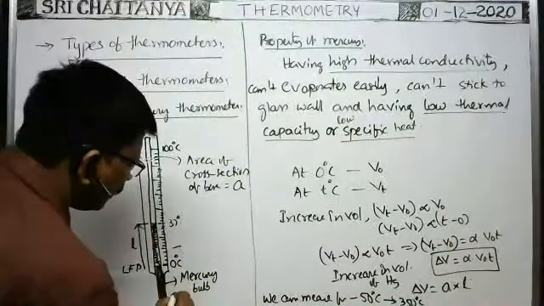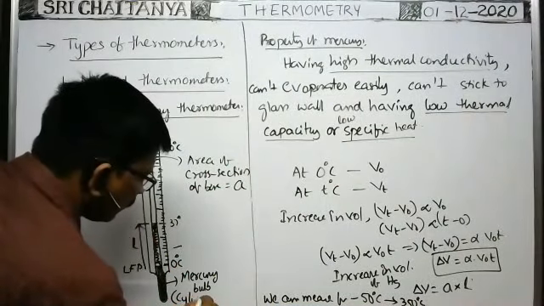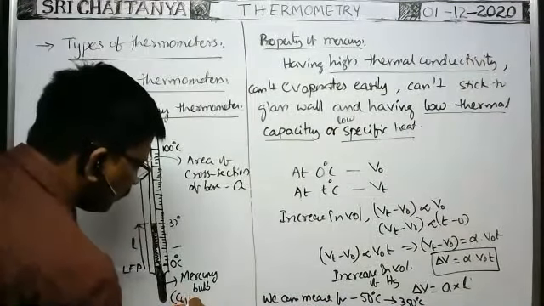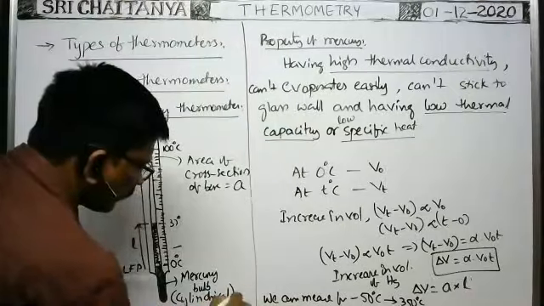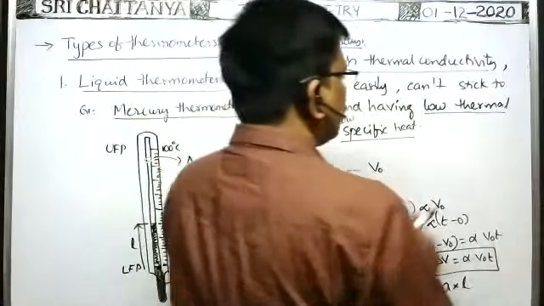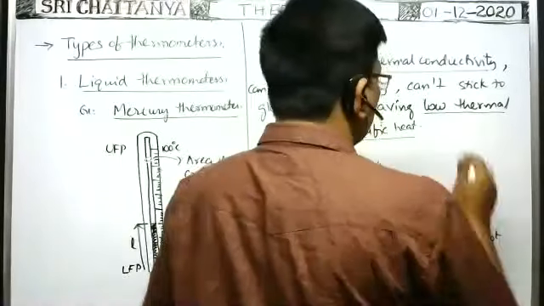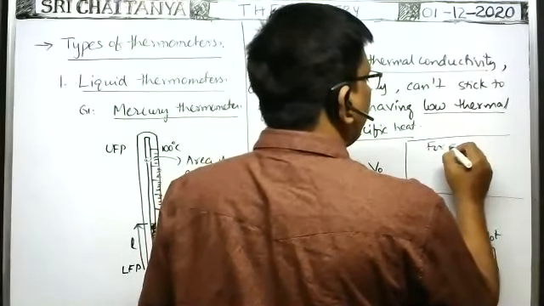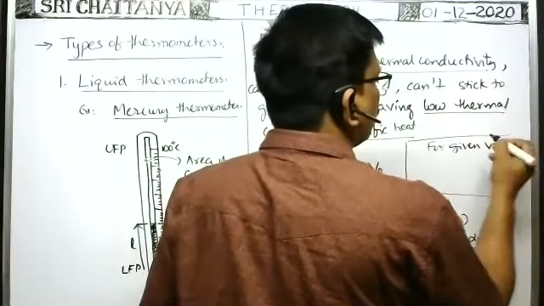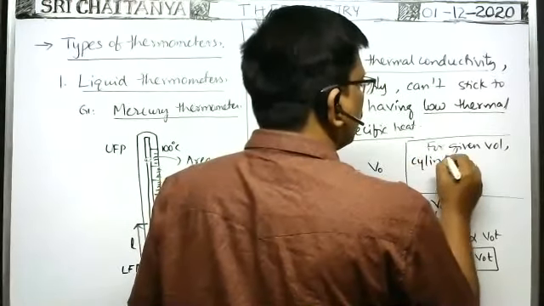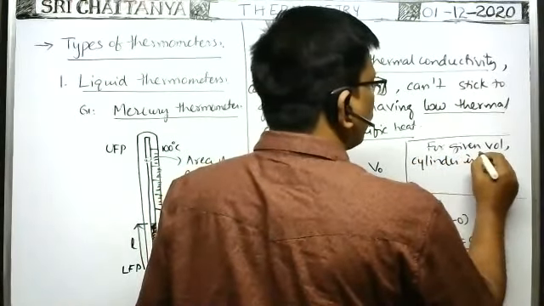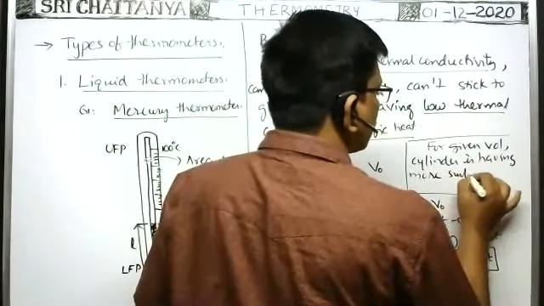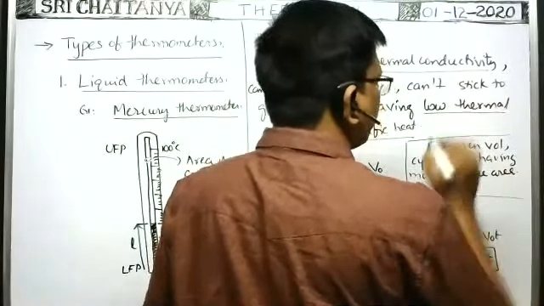Mercury bulb, cylindrical shape: for a given volume, a cylinder has more surface area.